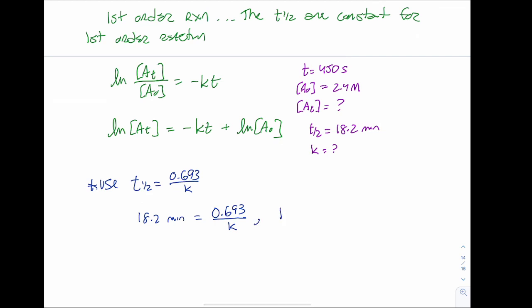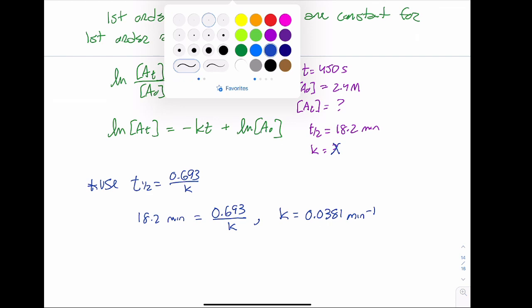So solving for my rate constant, I get 0.0381 minutes to the negative 1. So that is no longer a question mark, right?